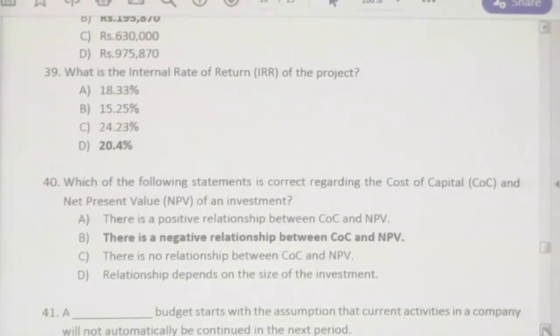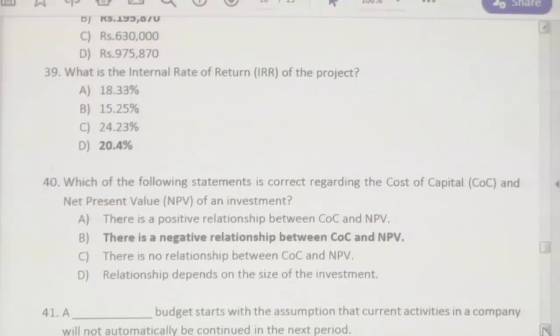Right. From this calculation, we have discussed how to use all the project appraisal techniques together. If I remind you again, for project appraisals we can use the payback period. What is the payback period? The time required to recover the initial investment.